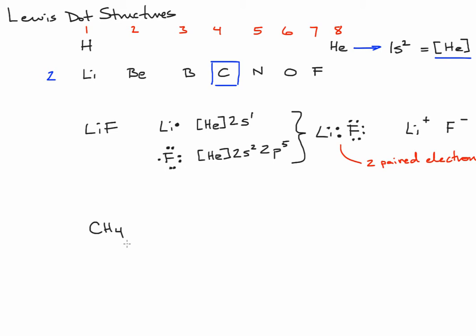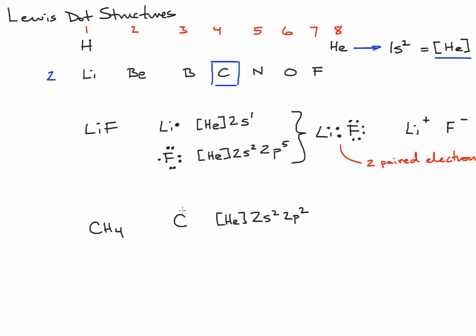So this molecule is called methane, CH4. That's the molecular formula. So carbon has the electron configuration of helium. And then in period 2, we have 4 valence electrons. So 2s2, 2p2. So we have a total of 4 valence electrons.